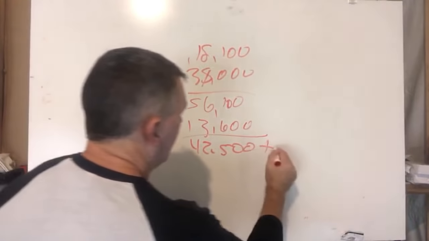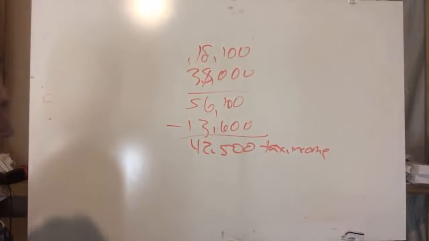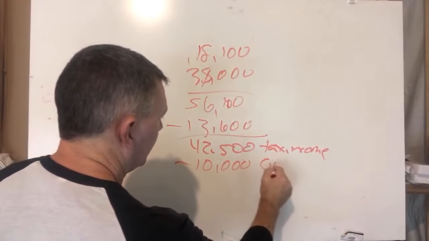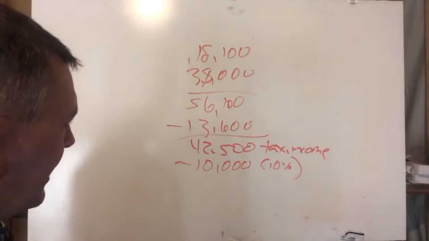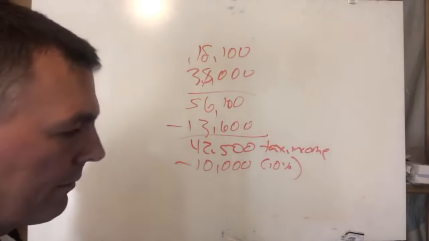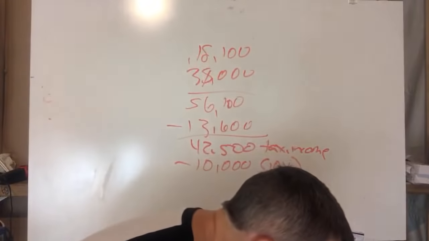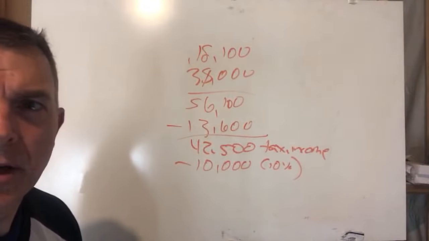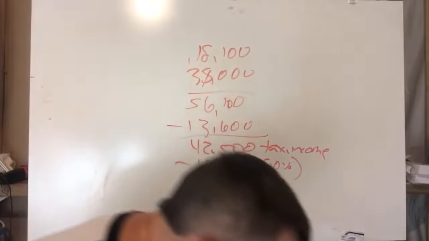For a single person, I can't remember, the first 10,000 is at 10%. The next, I think, is 19,000.